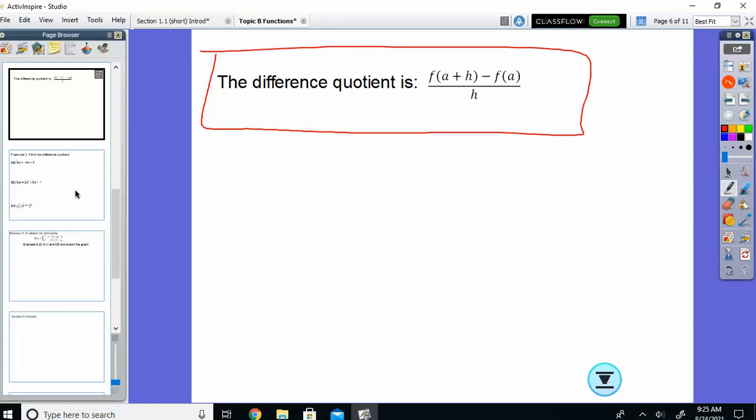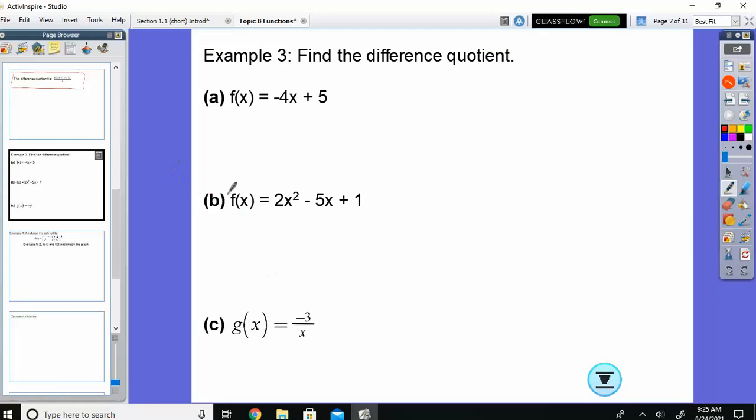So let's just practice these. Okay, so first thing we have to do, we can do this all at once, especially in the beginning. I found sometimes it's easier for people to do it in pieces.